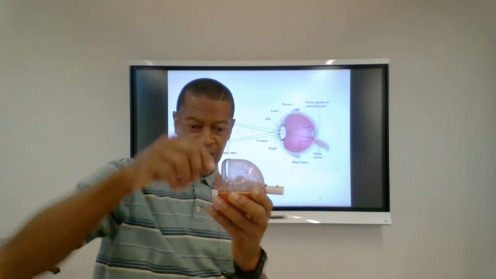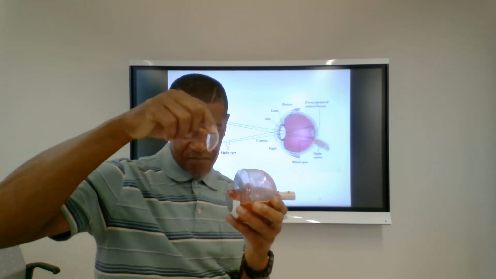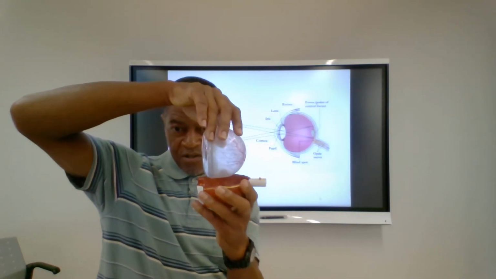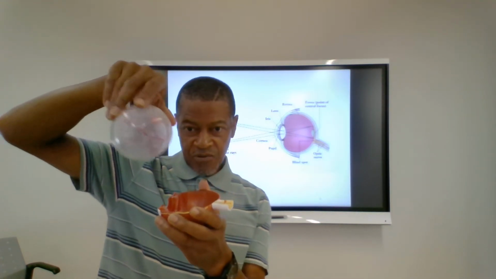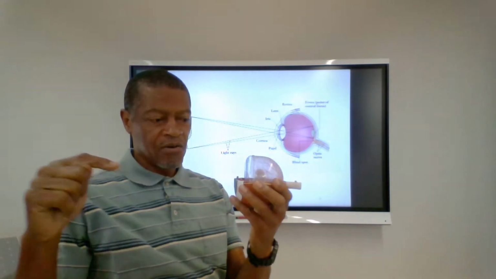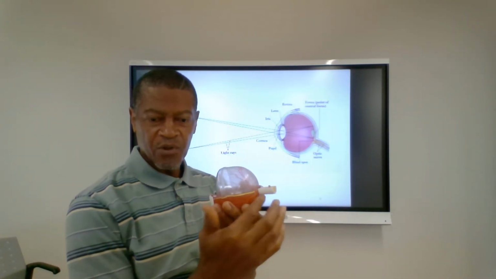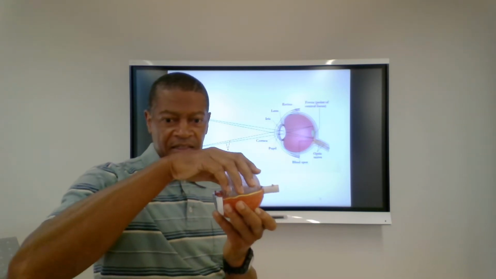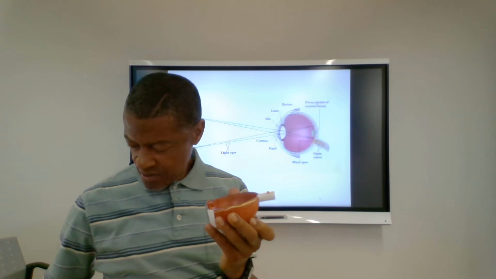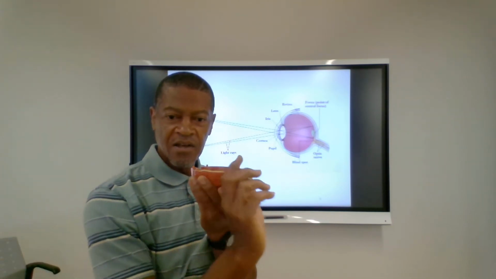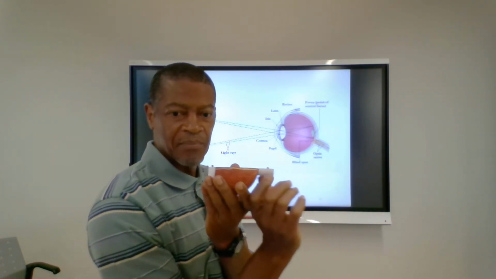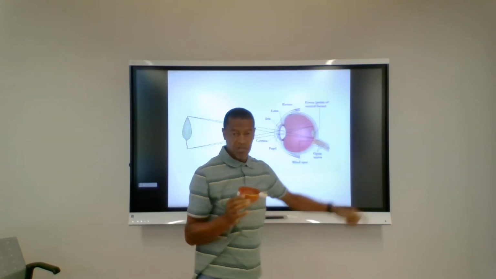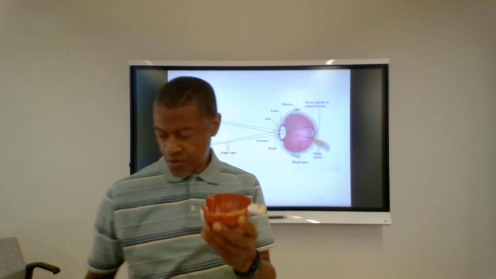So again, here's the lens, take it out. Inside here is fluid. You see on the back side of there, blood vessels. And then on the back of the eyeball is where the retina is located. We'll see some images to show that. And then the retina has cells that then combine, go to this optic nerve, which then goes to the brain. So that's the structure of the eye.